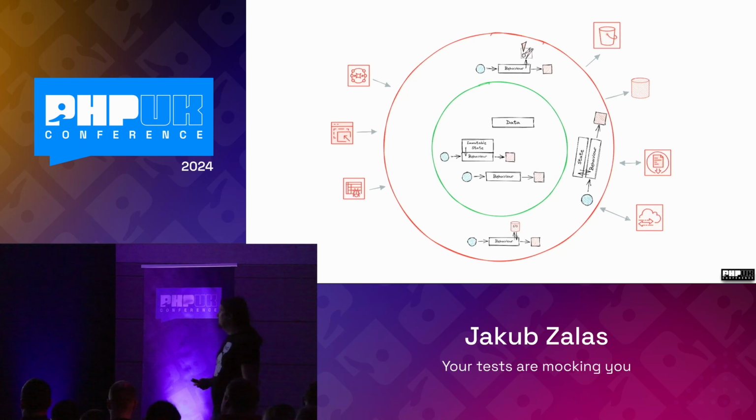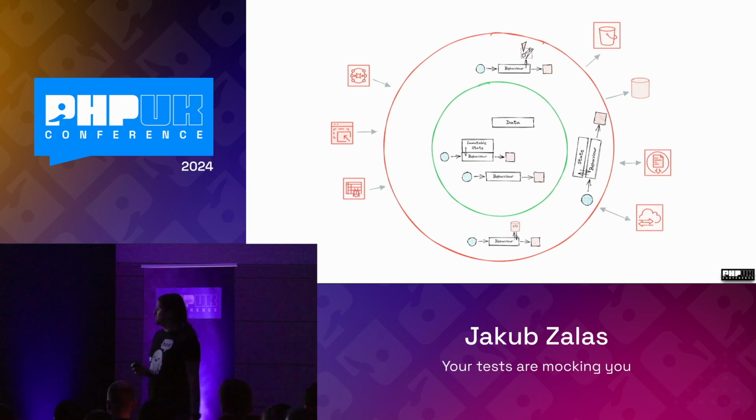I try to draw it as not really hexagonal architecture, there's no hexagon, but you can call it onion. All of those are different views of the same kind of patterns. So we try to push all those dirty things to the edges of the application so that what's left inside is the most important, because that's business logic, but also that's easiest to write tests for.